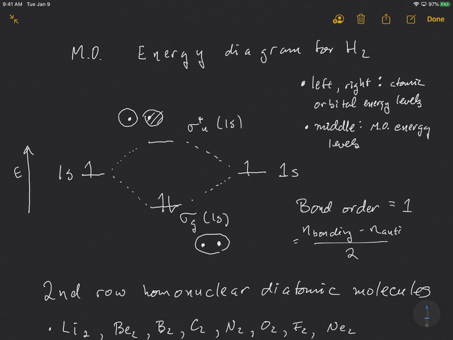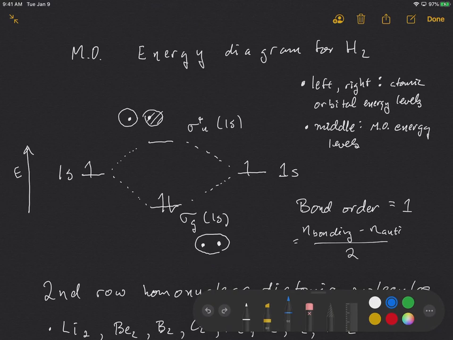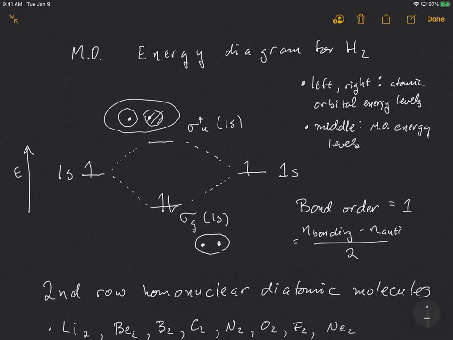In the case of the sigma g 1s, we have this sketch that indicates a bonding sigma type 1s type orbital. And in the case of the sigma star u, we see this antibonding orbital here.